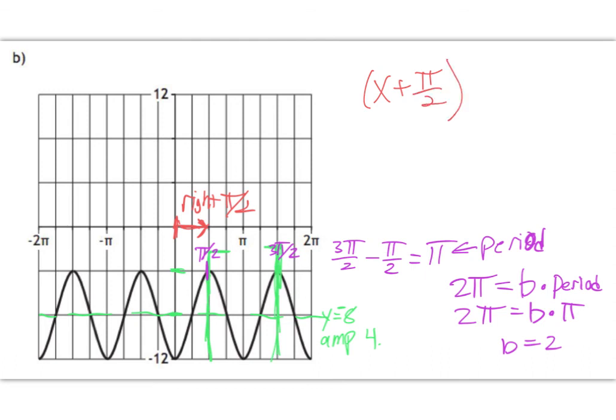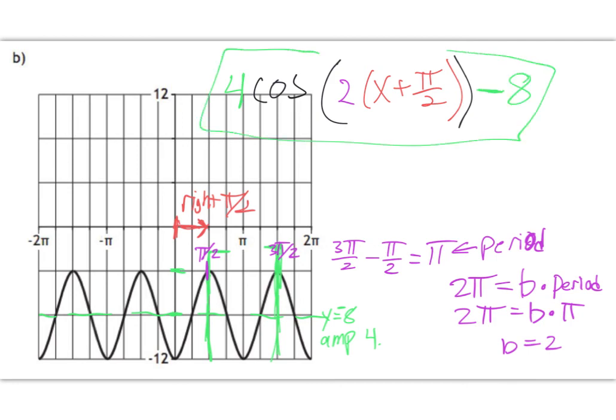My b value is going to go out in front of that, so 2. We decided this was going to be a positive cosine graph because those are the easiest ones for us to write equations for. We said that the amplitude was 4 and that the midline was minus 8. At this point, that equation is done.